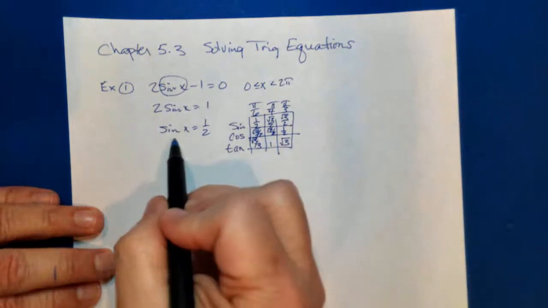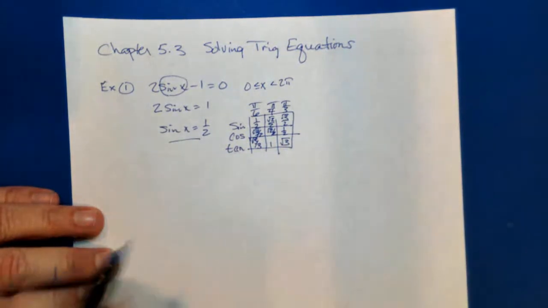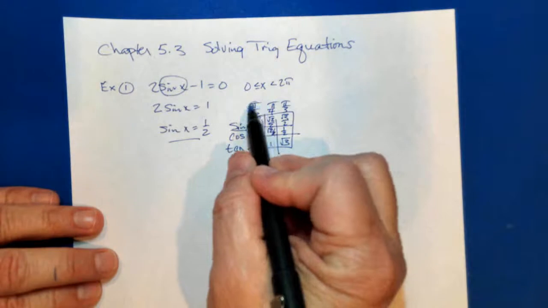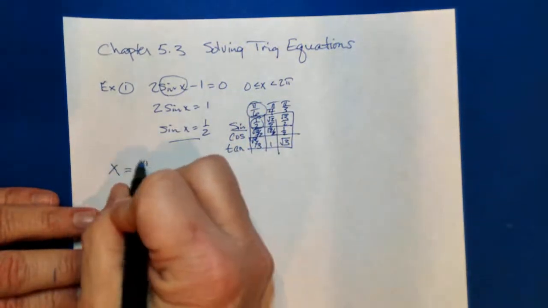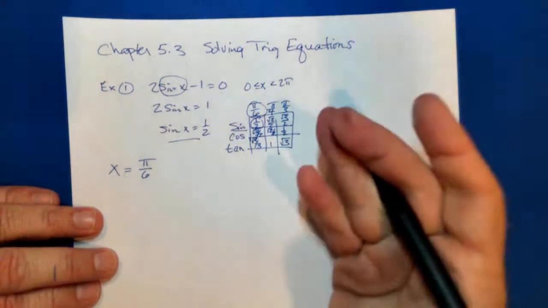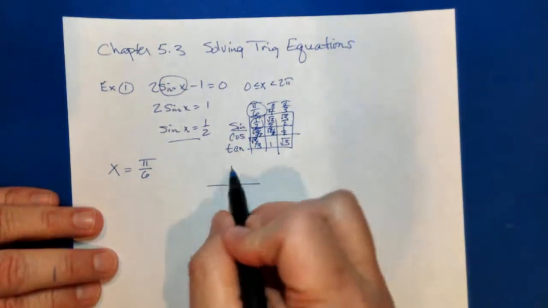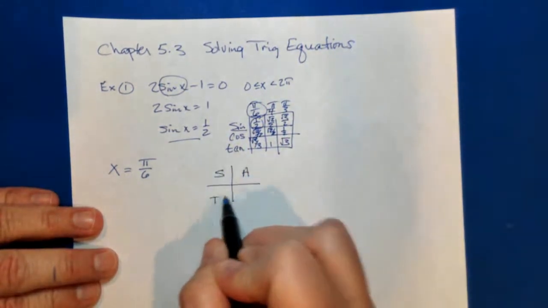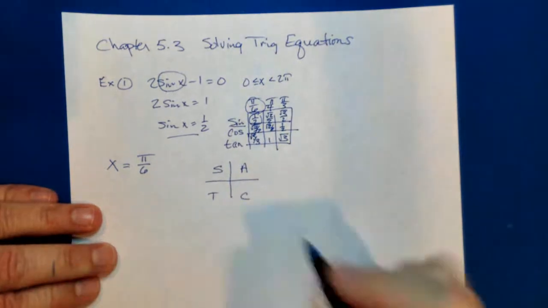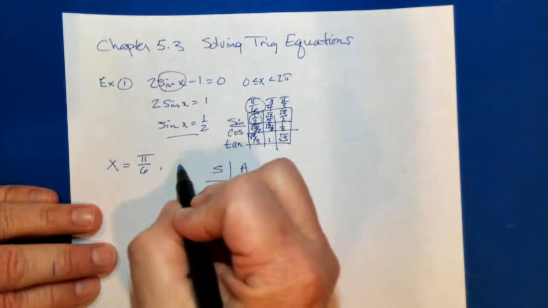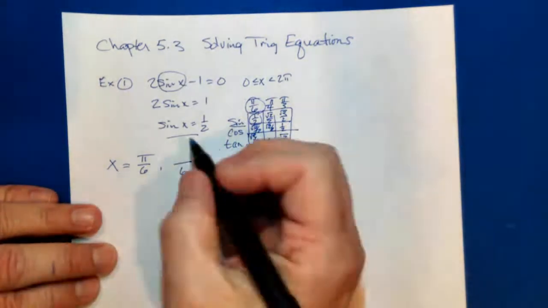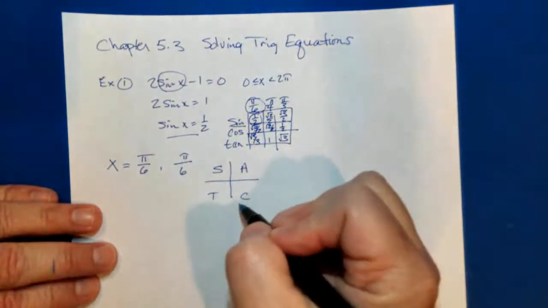So where is the sine equal to 1/2? Well, the sine is equal to 1/2 at pi over 6. And so x is equal to pi over 6. But when we have this, there's going to be more than one answer. We know there's going to be a pi over 6 in 2 of the quadrants.